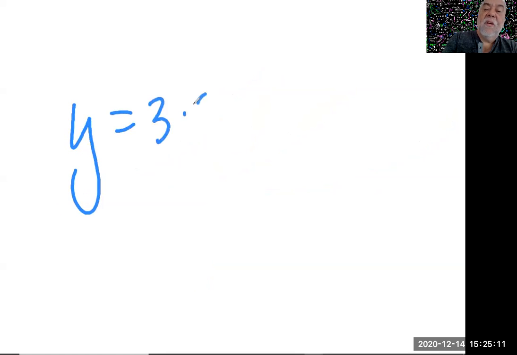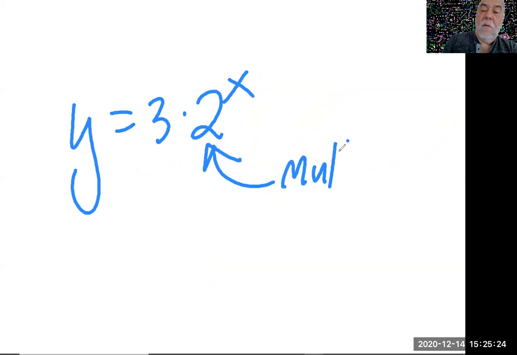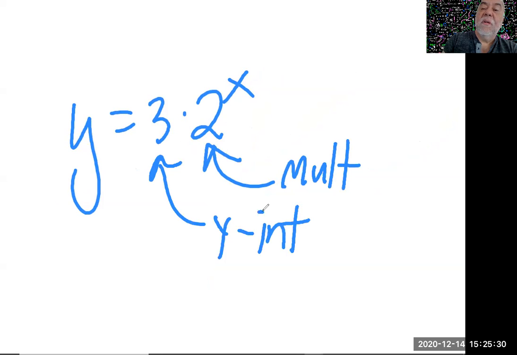It's equal to 3 times 2 to the x. Is that exponential growth or decay? Okay, it's growth because the multiplier is 2. The y-intercept is 3. But it doesn't matter what the y-intercept is.